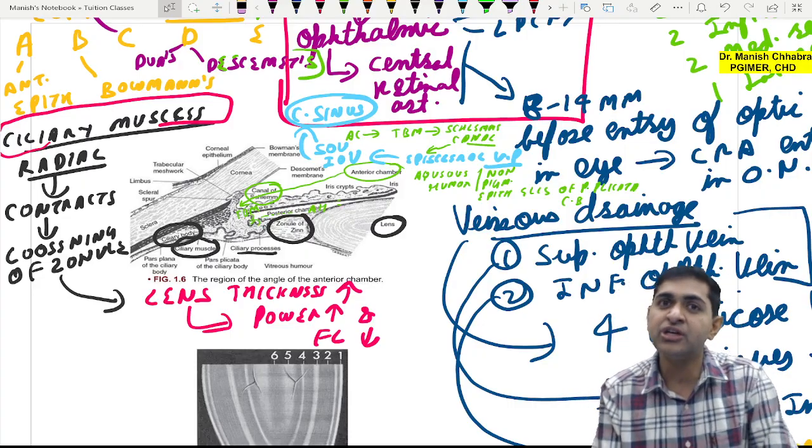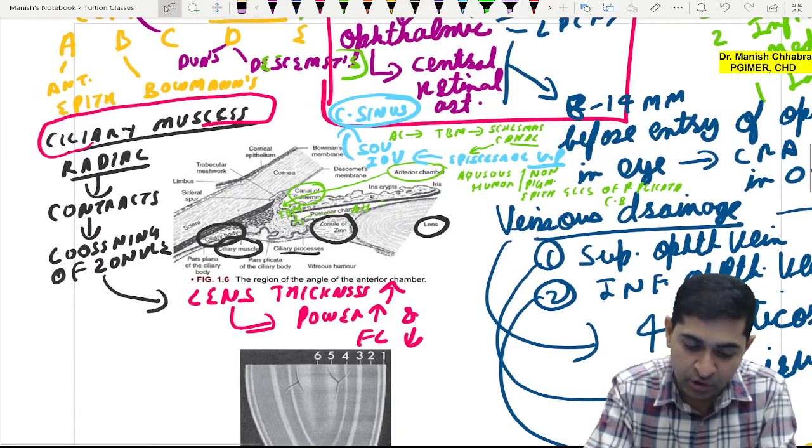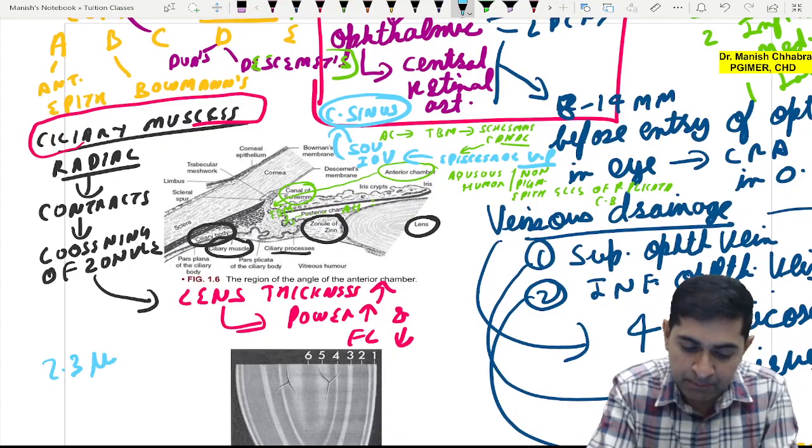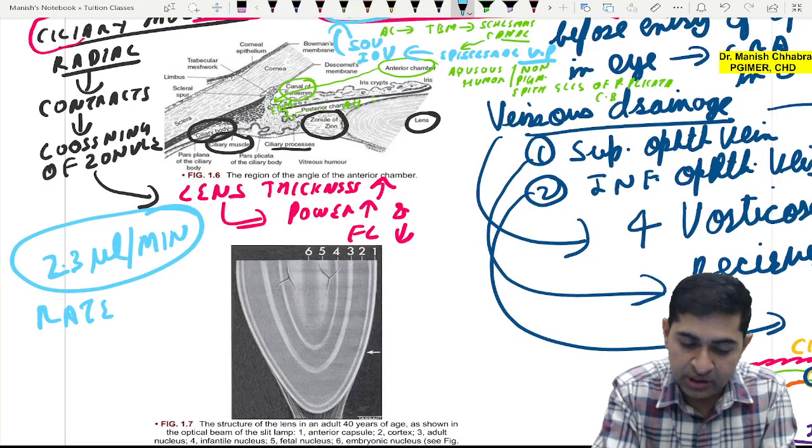Today we have done the layers, the embryology, the aqueous humor formation and its dynamics. Aqueous humor is formed at the rate of 2.3 microliter per minute. This is the rate of formation of aqueous humor.